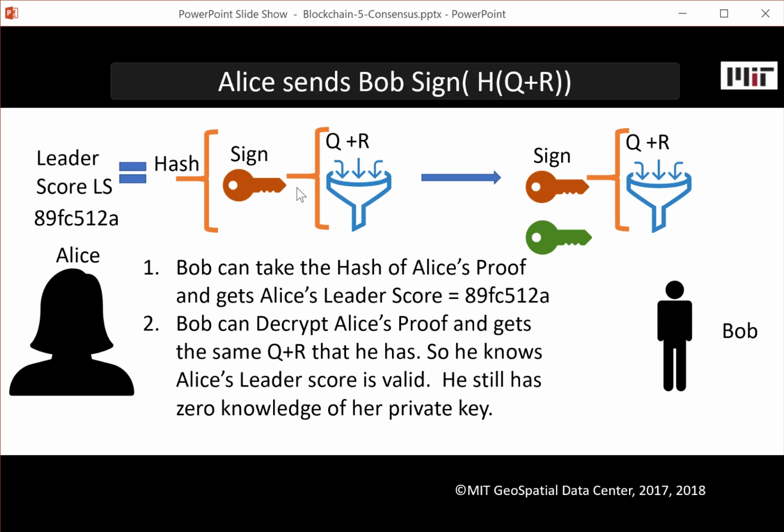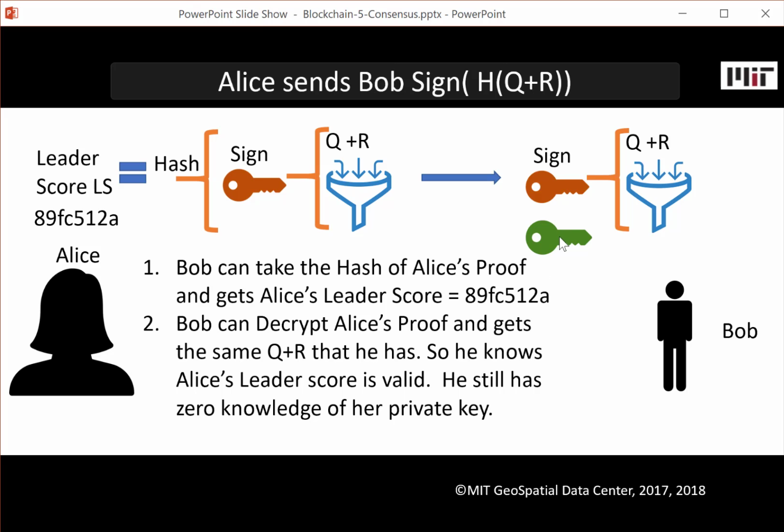So she's sending out a signed version of the hash of Q plus R. Now, Bob can take the hash of Alice's signed version of Q plus R. So Bob can calculate her leader status, so he gets the value 89FC, the same one that Alice did.